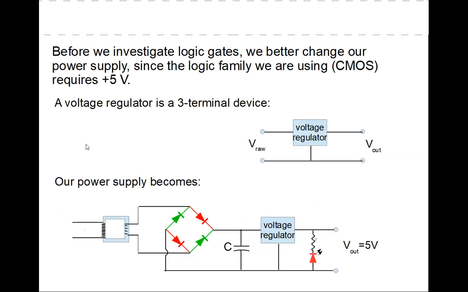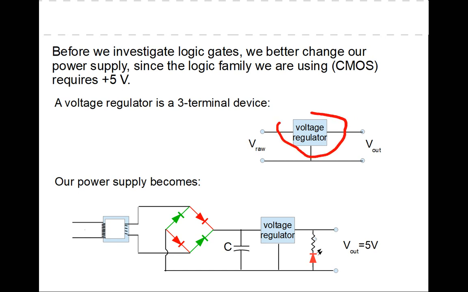And so before we actually start building this stuff, we need to change the power supply. We're going to change the power supply actually by making it simpler. Before we had a Zener diode and a pass transistor for the voltage regulator. Now we're going to buy a voltage regulator in one package.